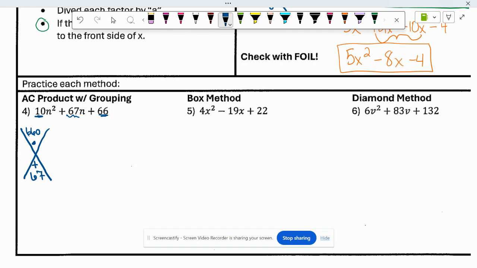Press the Y equals button. It's the top button, gray, Y equals. You're going to do 660 divided by X. Y equals 660 divided by X. Let's start listing our factors.